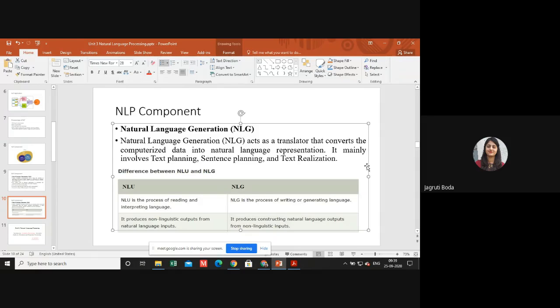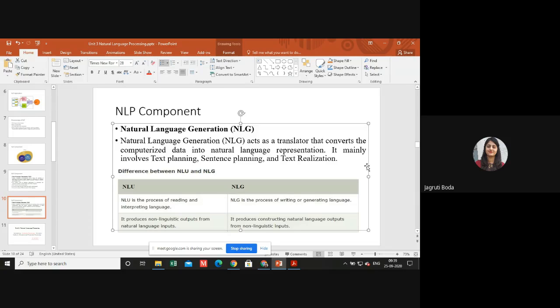Means they categorize their work into two components. The first one is understanding the input, and the second is giving the answer based on that action, right? So they are divided into two parts based on their work. The first one is NLU, which reads and interprets the language, and NLG is the process of writing or generating language.